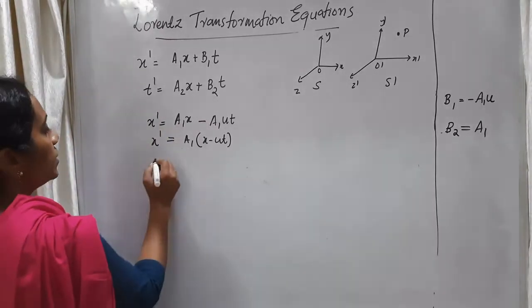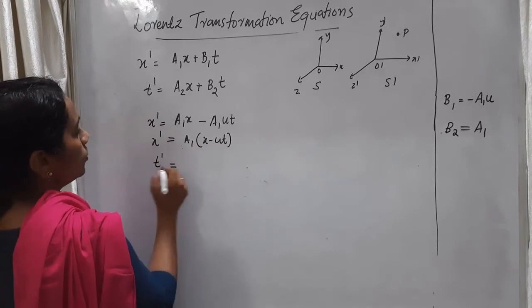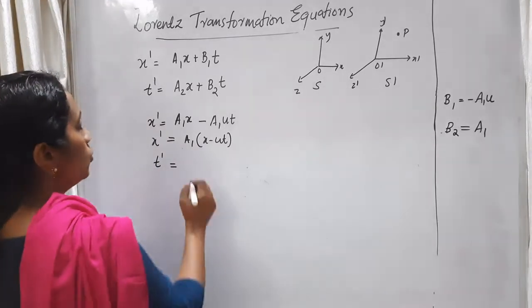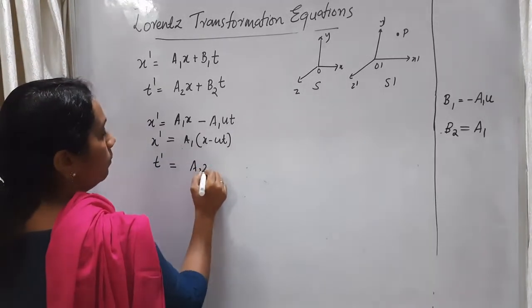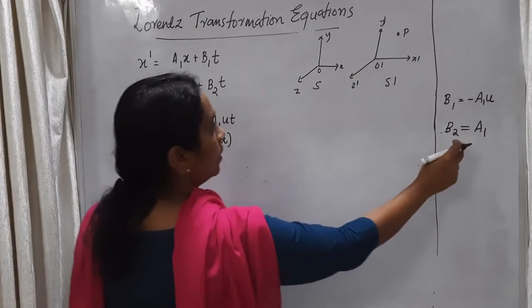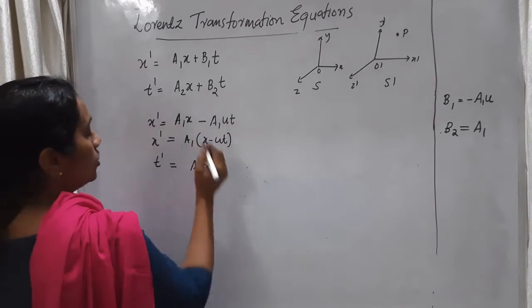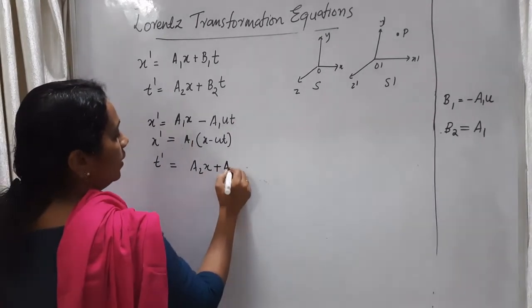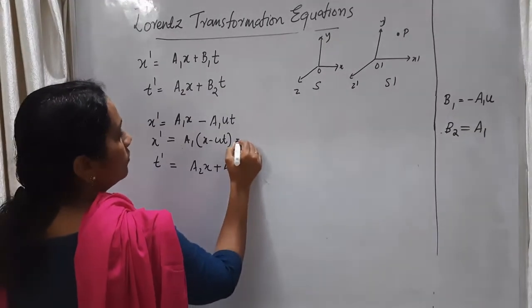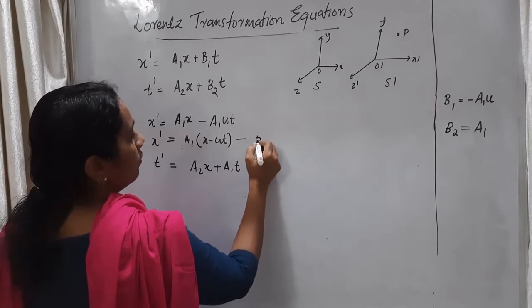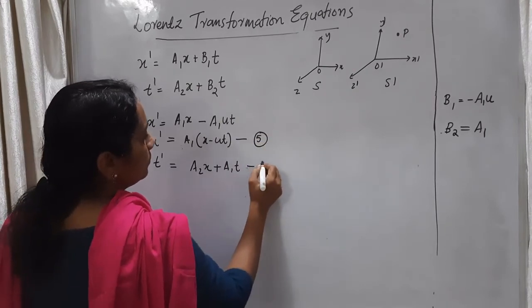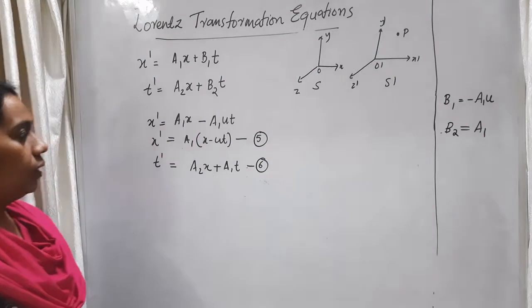What about t dash? T dash will be equal to a2x plus, instead of b2, I can put it as a1. So this will be plus a1t. Now let me give these equations numbers 5 and 6. Okay. Now let it be there.